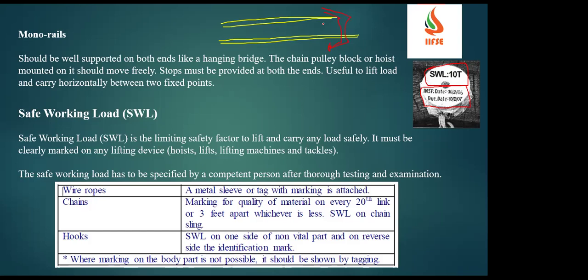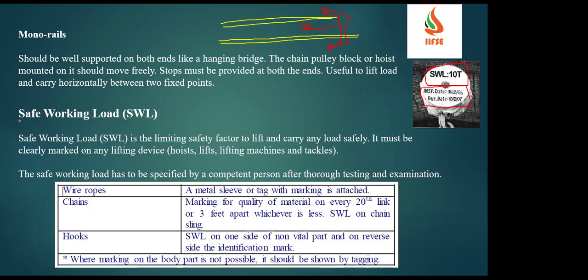This is a monorail. Here you will have a hook where you put the material. The chain pulley block or a hoist mounted on it should move freely, and stops must be provided at both ends. It is useful to lift, load, and carry horizontally between two fixed points, from one place to another place, to lift or shift materials.